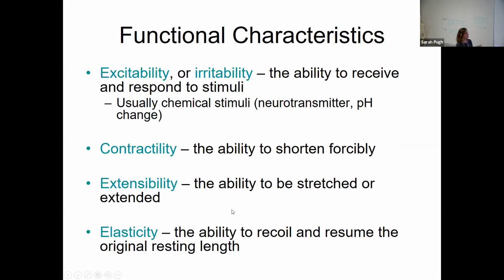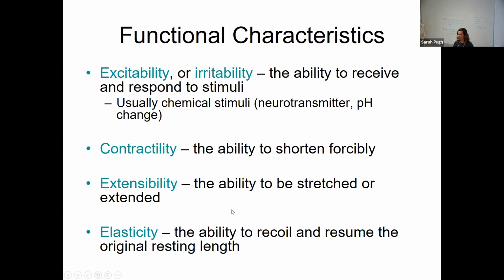So that should have just been a review, right? Y'all should be familiar with our 3 types of muscle. We talked about these when we went through histology. Okay. Now let's talk a little bit about the functional characteristics of our muscle. We always talk about the function of whatever organ system we're discussing for each chapter. So the function of our skeletal muscle, the very first thing is all of your muscles have to be excitable or irritable.